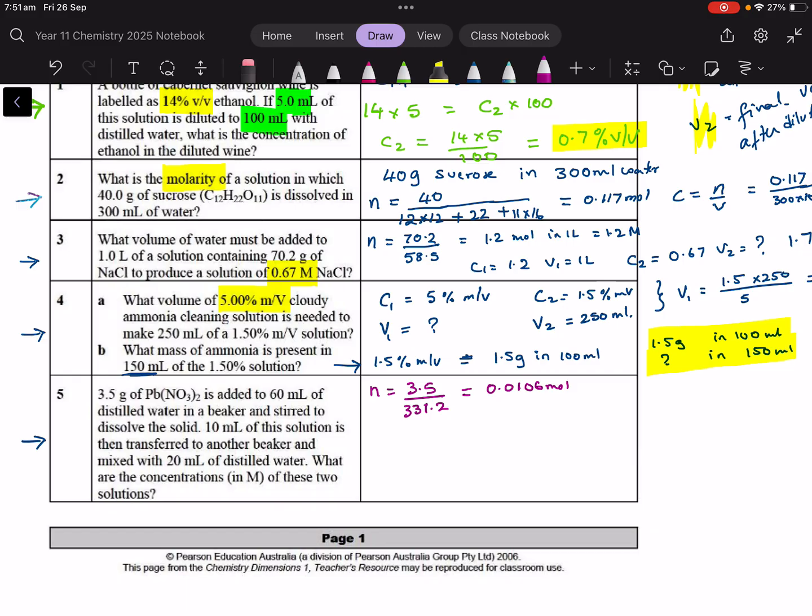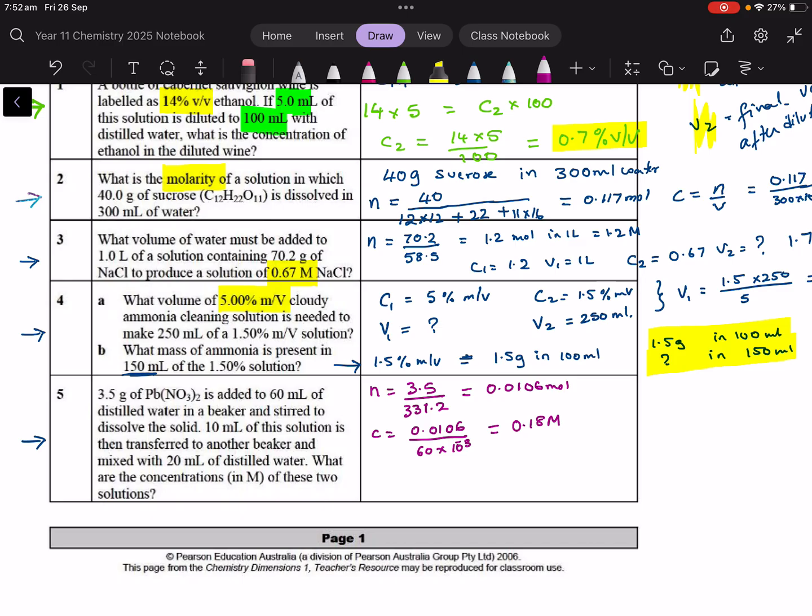Now you are adding this in 60 mils, so the concentration is 0.0106 divided by 60 into, you want it in molarity, so you're going to convert that into liters, 10 raised to minus 3, which is equal to 0.18 molar. So that's your concentration of the original solution.